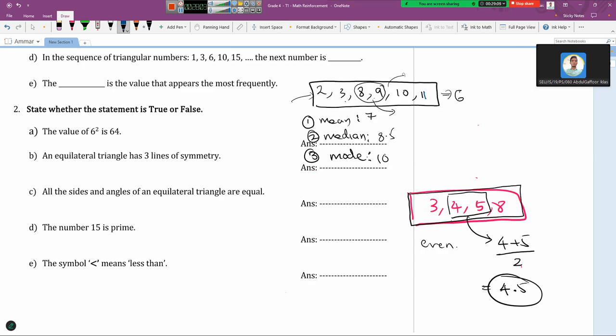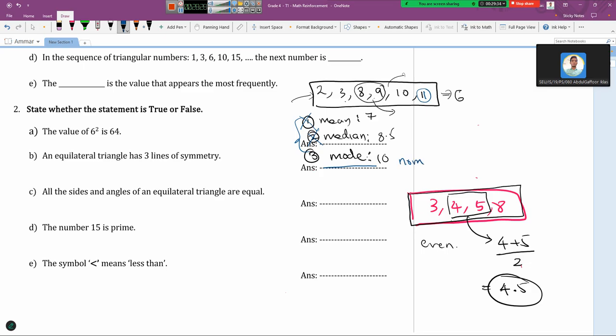Sir, can you repeat it again? Suppose if this is 11, can you find out the mode? You don't need to actually find out mean and median. Skipping these two, can you try to tell me the mode? Sir, then there's no mode. No mode, right?